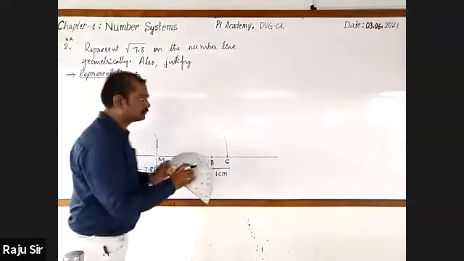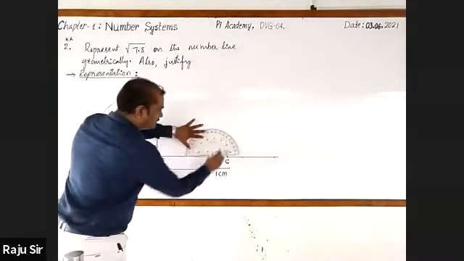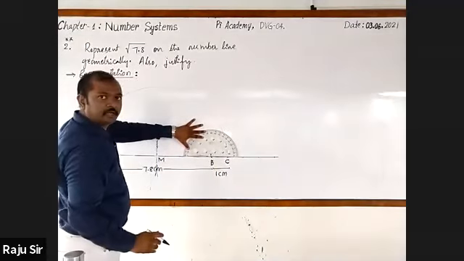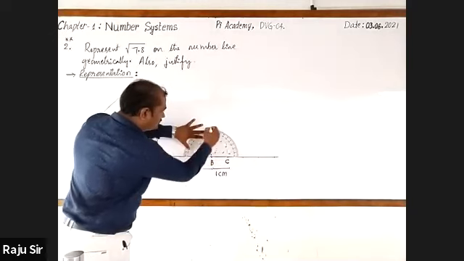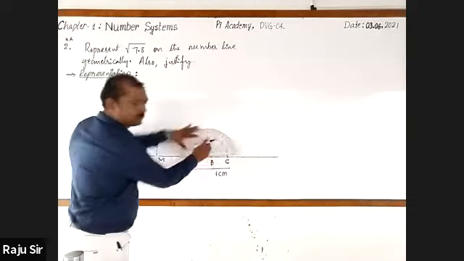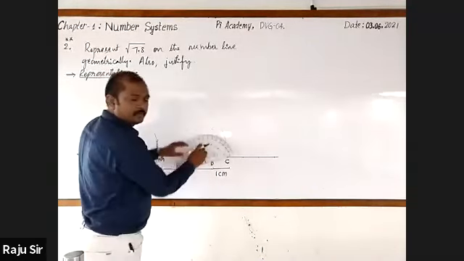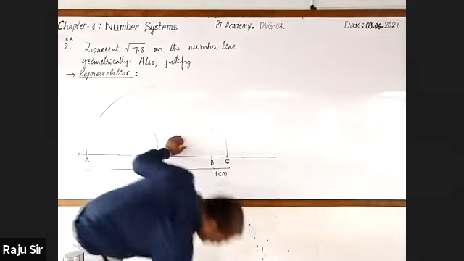Next, draw the perpendicular at B. Use protractor. Place the midpoint of the protractor at B. Mark against 90 degree. Take scale and pencil.